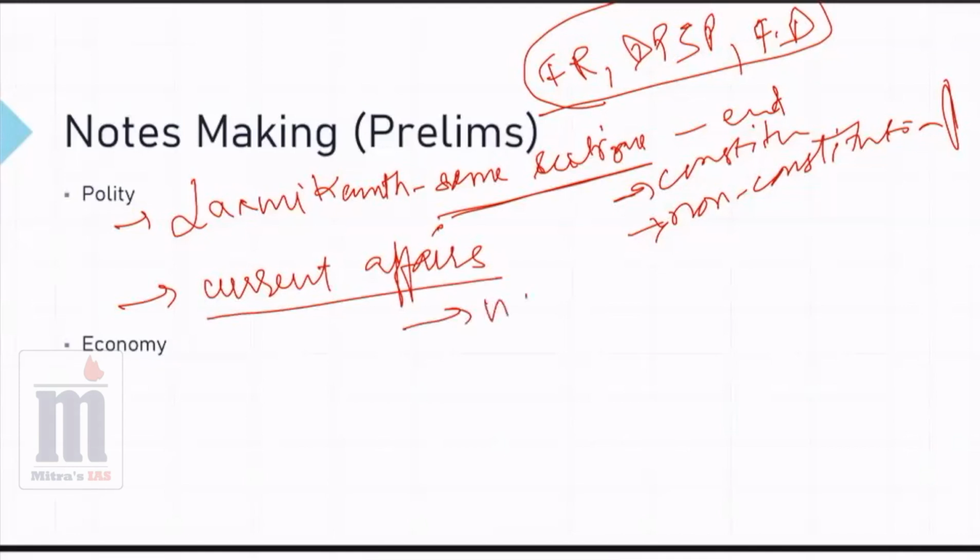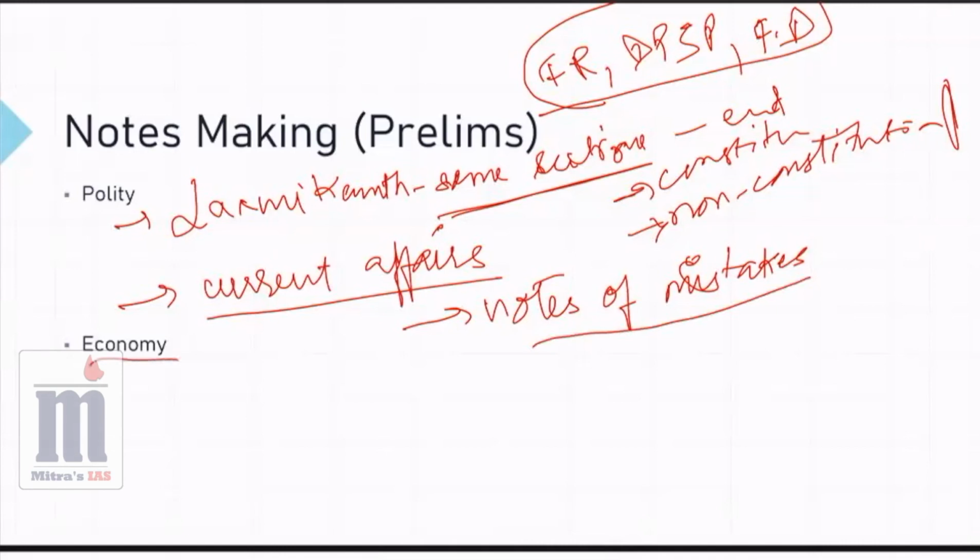Suppose I attempt one mock test paper and I make some mistakes, I used to write them down. For polity, I generally followed online note making, like making notes digitally. That was important. It helped me remember my mistakes. It helped me identify the areas where my focus is more required.